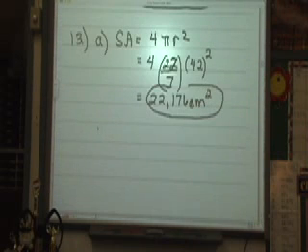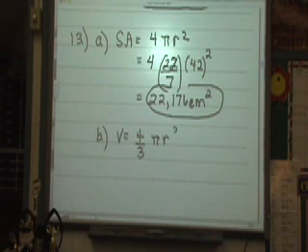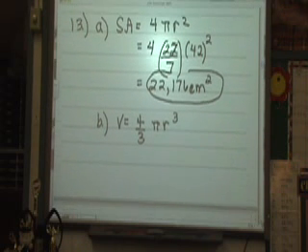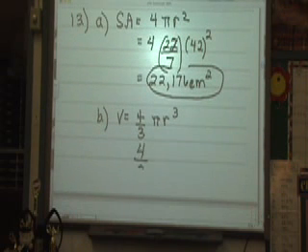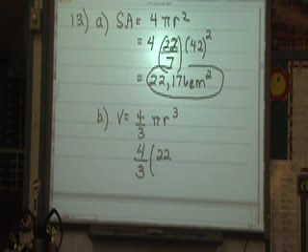And B, volume, Thomas, formula? Volume equals 4/3 pi r cubed. And you're right, then it'd be 4/3 times 22/7 times 42 cubed.